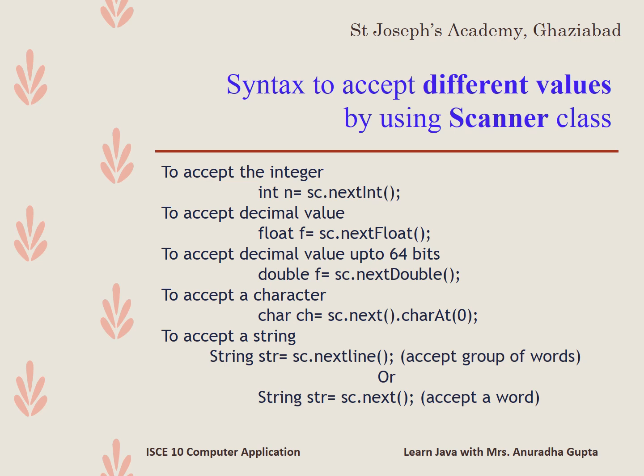First is an integer value: sc.nextInt, the I should be in capital. Decimal value short range: sc.nextFloat, F should be in capital. Wide range decimal value up to 64 bits: sc.nextDouble, D should be in capital.